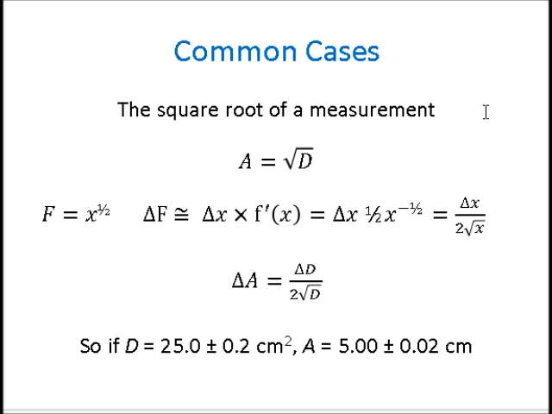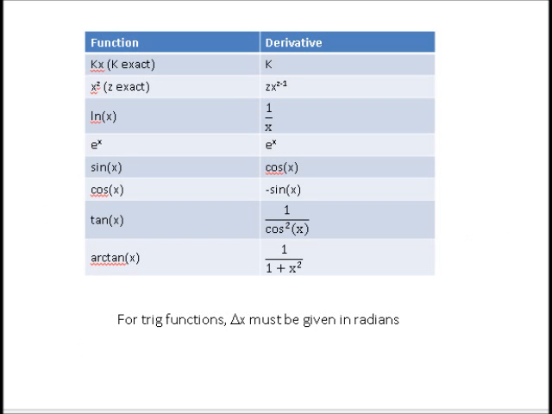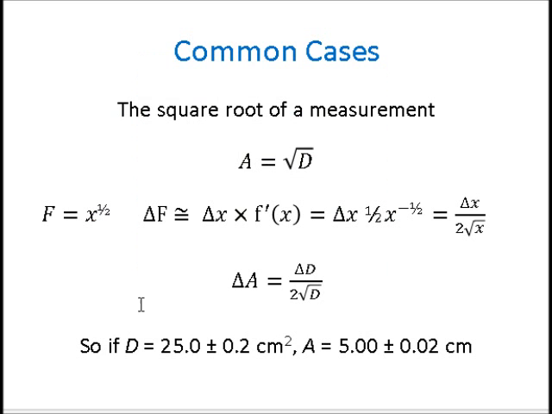The last common case I want to mention is the square root. So the function would be f equals x to the half. Right? So delta f is delta x times f prime of x. And the derivative of this function would be 1/2 x to the minus 1/2. Okay? Or this right here, delta x over 2 root x.